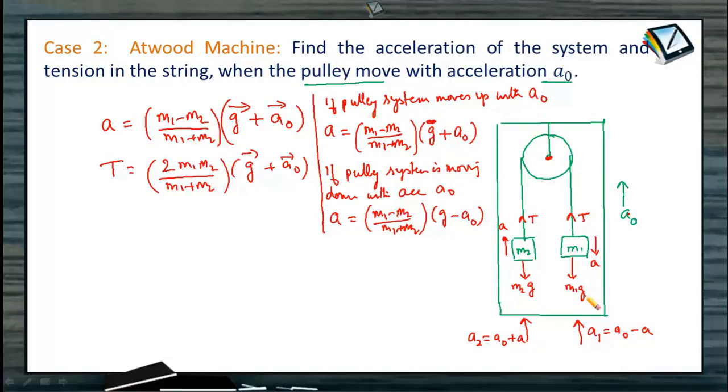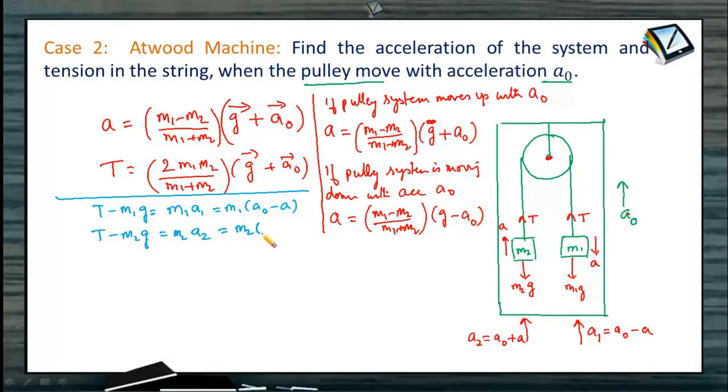So if I write the free body equations using these accelerations A1 and A2, for mass M1 it will be T minus M1G is equal to M1 into A1, or M1 into (A0 minus A). T minus M2G for the second body is equal to M2 into A2, or M2 into (A0 plus A).